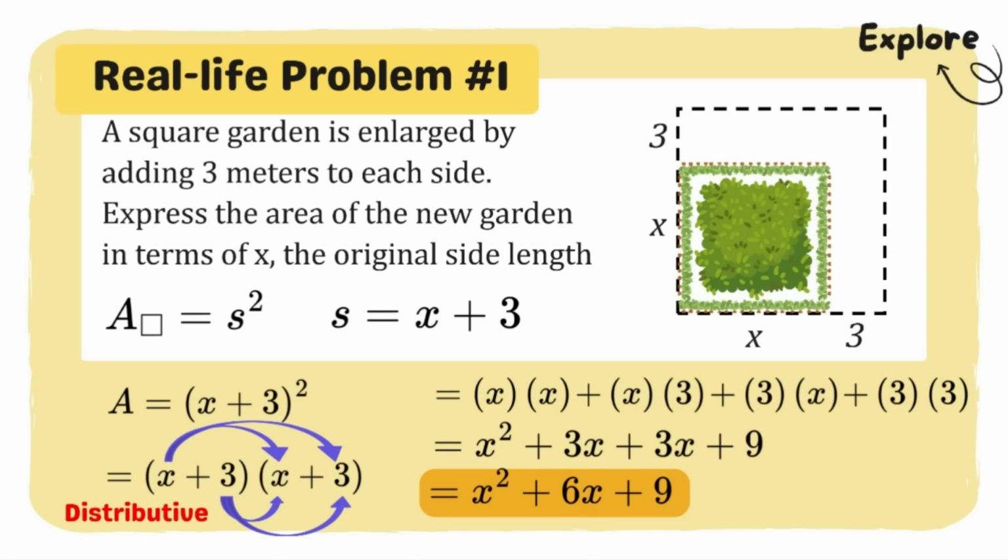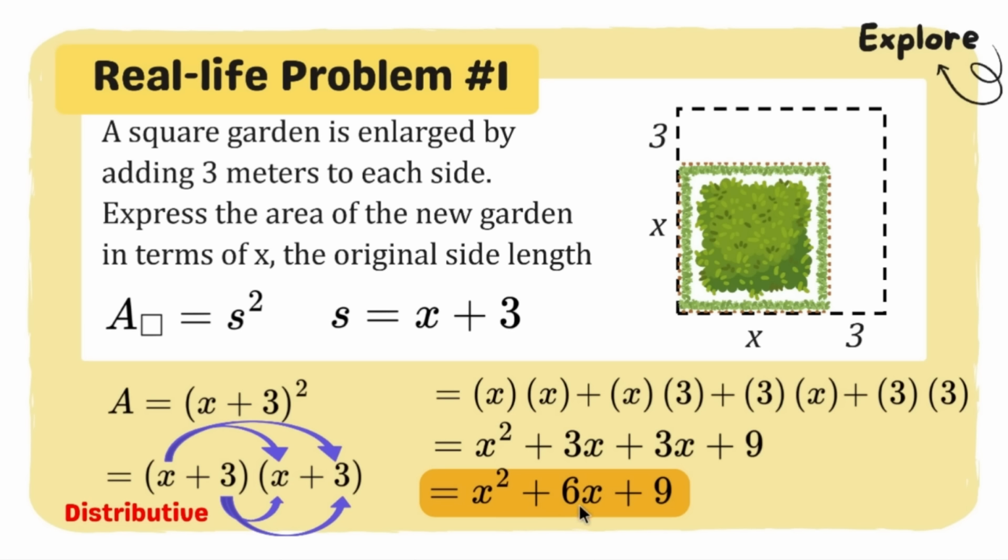Okay, let's explore further. Baka naman po may mas madaling paraan para makuha yung final answer without undergoing yung distributive property. So, tignan nyo pong mabuti yung sagot and then yung ating original binomial. So, the first term here in our answer is x squared. So, kung babalikan po natin ito, parang ang nangyari lang is kinuha natin yung square ng x dito, kaya we have x squared.